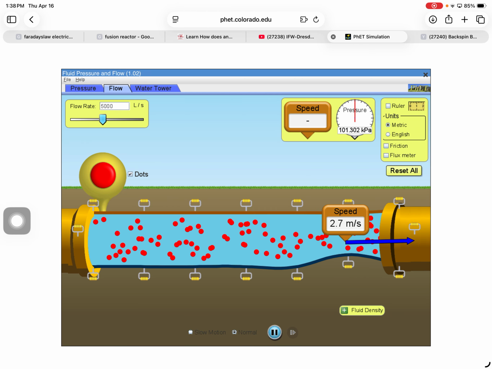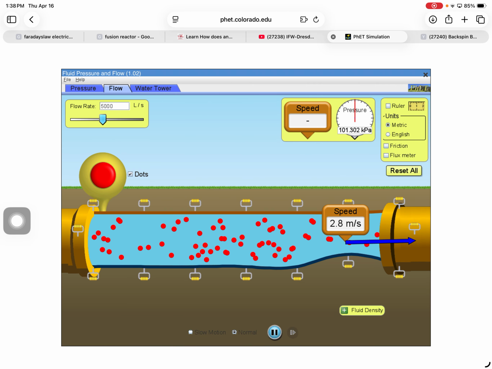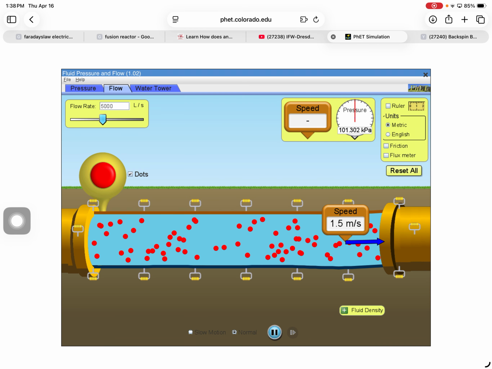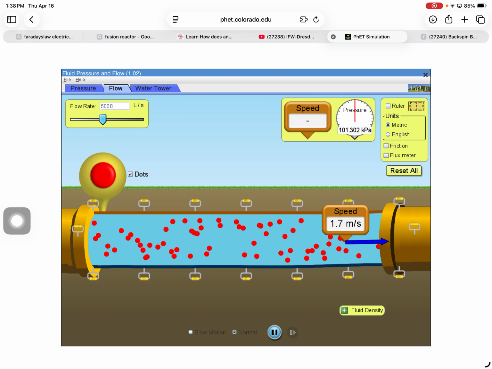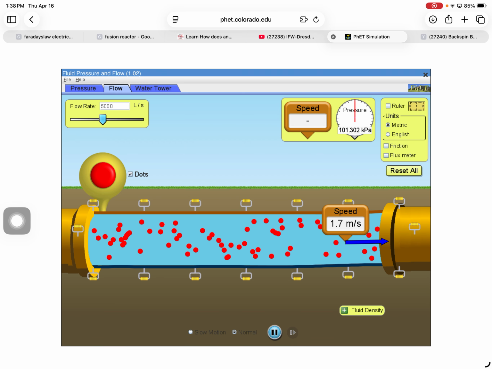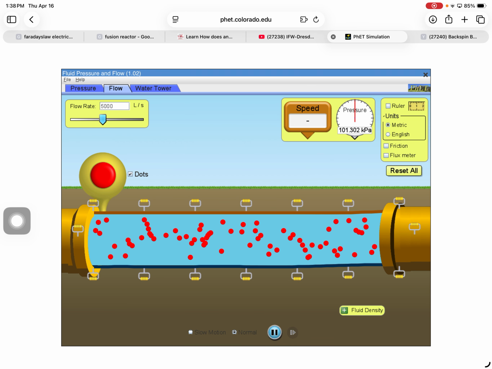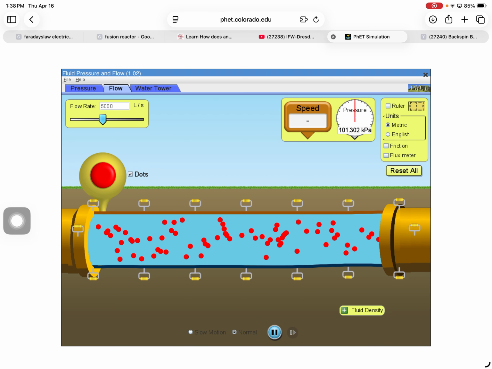The sum of these three terms is constant. Anywhere in the fluid, you take the sum of these three terms, and that's constant everywhere. And this is a very important relationship, Bernoulli's equation.